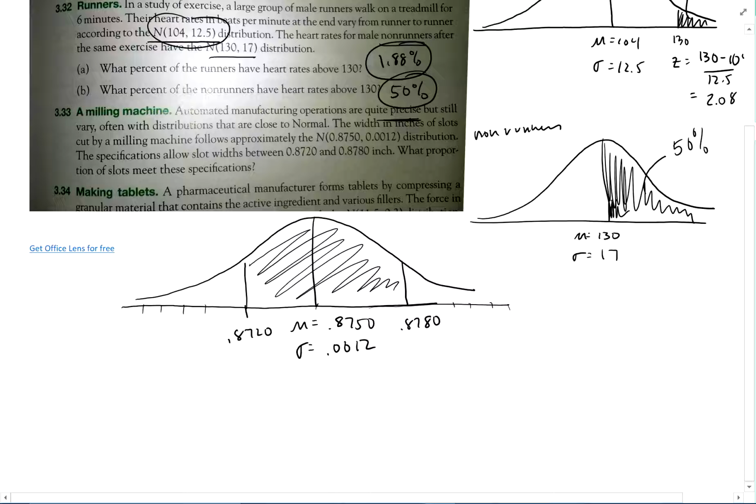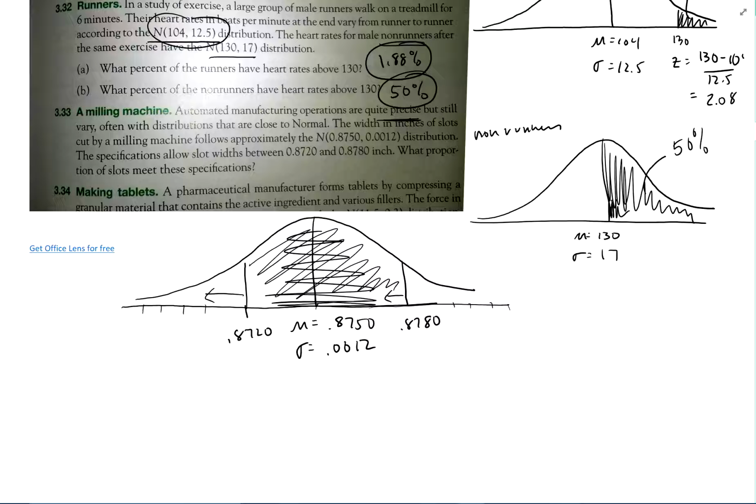Well, let's figure out what percent of my slots are going to be less than here, and subtract to find the area in between. Okay, so let's go ahead and do that.